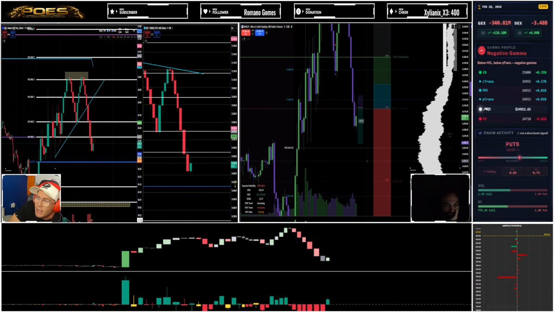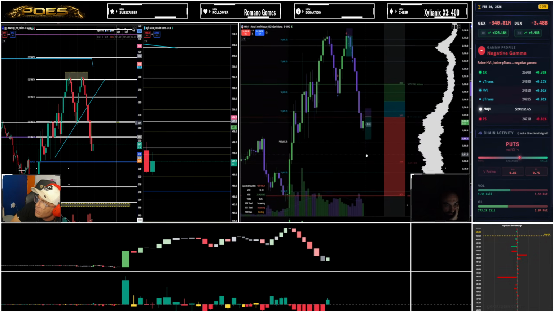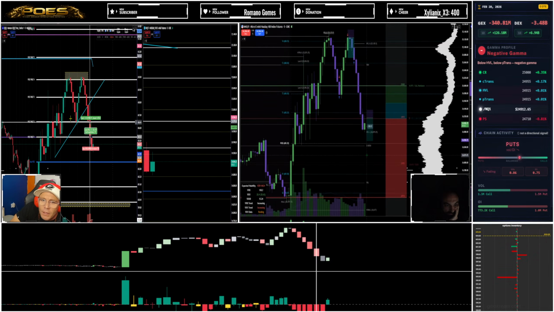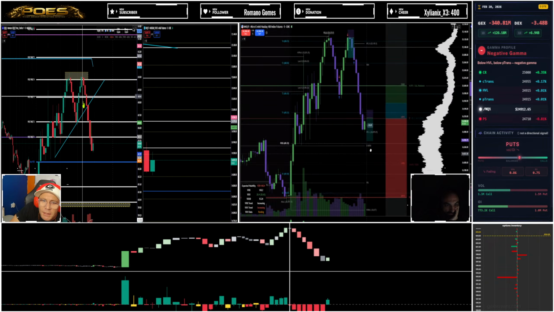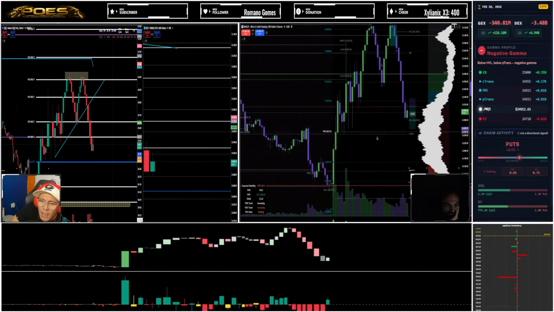Got that M30 retest here. It's that weak buy we would want to consider at this point. Potential to keep going down.